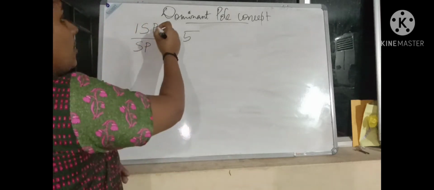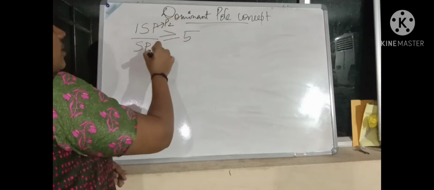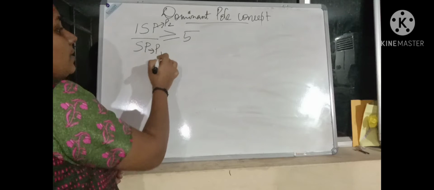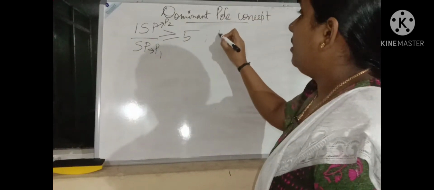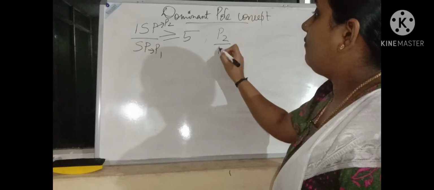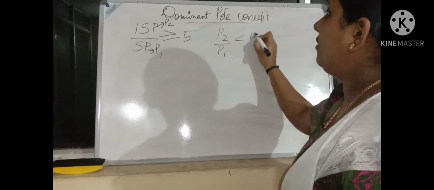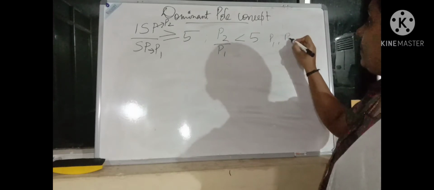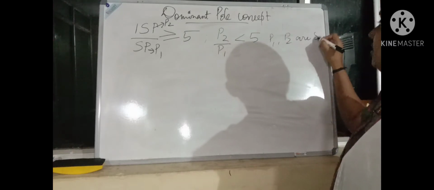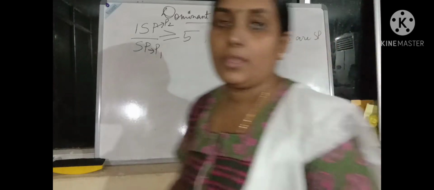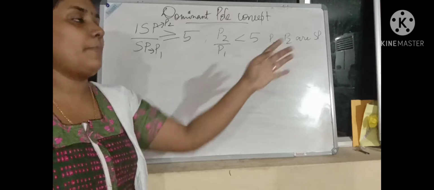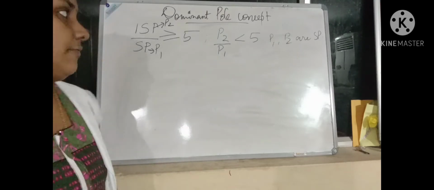If the significant pole is P1, that is the first pole, and the insignificant pole is P2, that is the second pole, and if P2 by P1 is less than 5, then P1 and P2 are both significant poles.